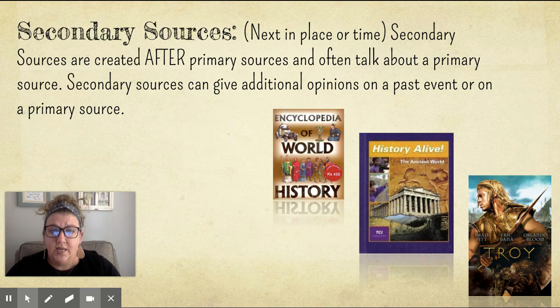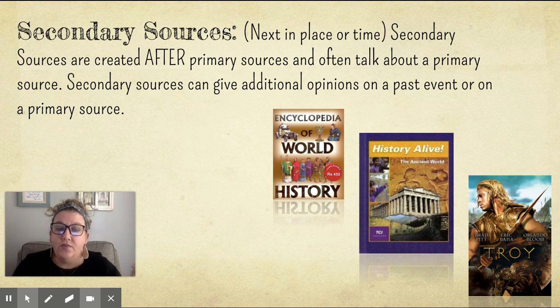Secondary sources are next in place or time, meaning that secondary sources are created after primary sources. We create secondary sources by using primary sources to inform us. So historians look at primary sources and then they create something based off of that. They create an analysis of the event.